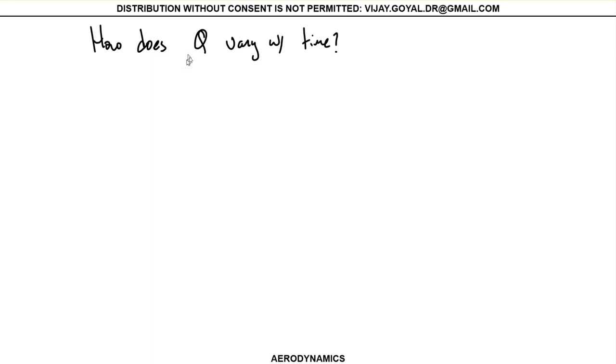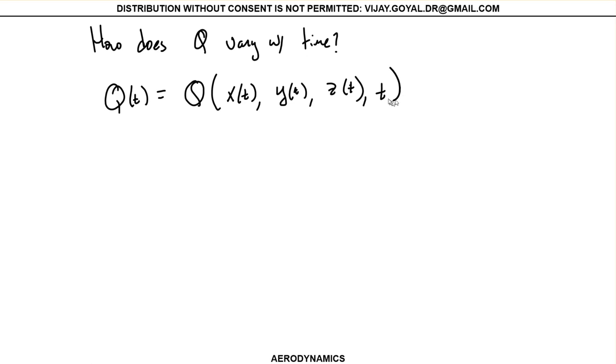So if we want to do this, first of all, just note that q in general can be a function of time. So we are basically saying that x, y, and z are all implicit functions of time, and so is q a function of time.